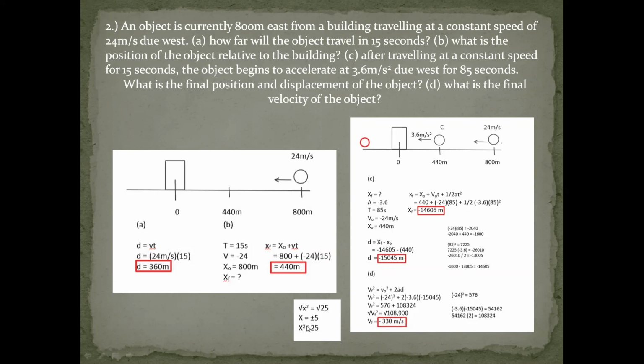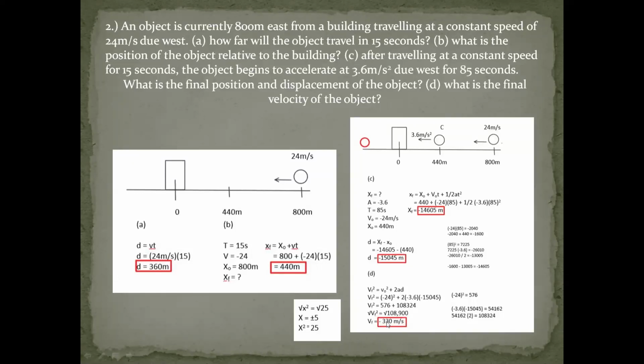Kasi if you're gonna plug in siguro negative 5 dito, you're still going to get 25, di ba? Ganun yung ano nun. Kasi di ba ang rule sa multiplication, pag same yung sign, your answer will become positive pa din.